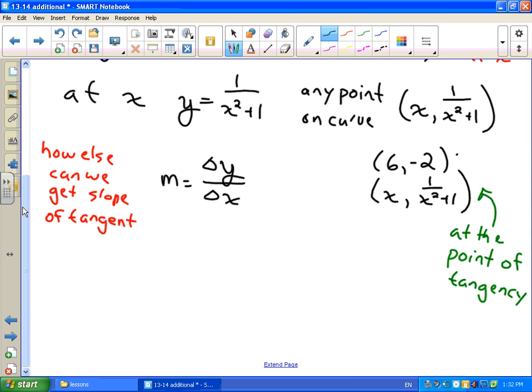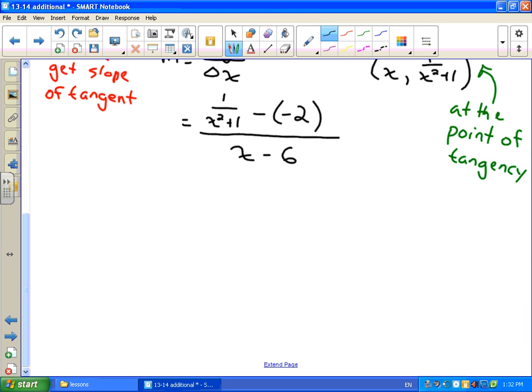So delta y over delta x is going to be, for our delta y, 1 over x squared plus 1 minus negative 2, divided by our change in x, which is x minus 6. And this expression is going to be equal to the expression that we got for our derivative, because it also represents the slope of the tangent.